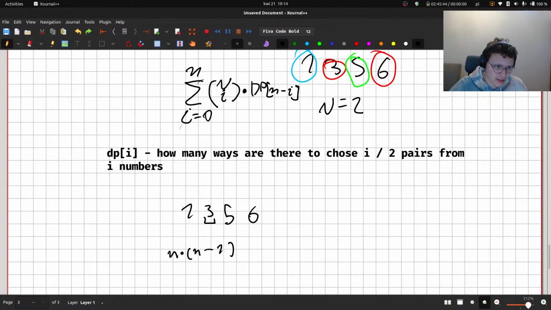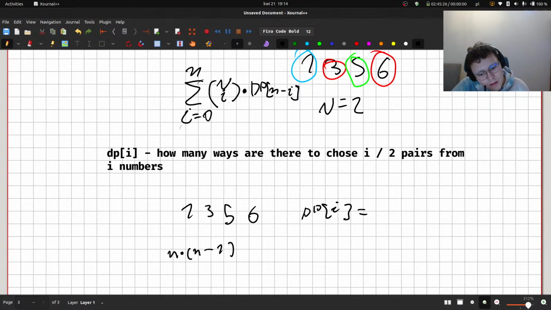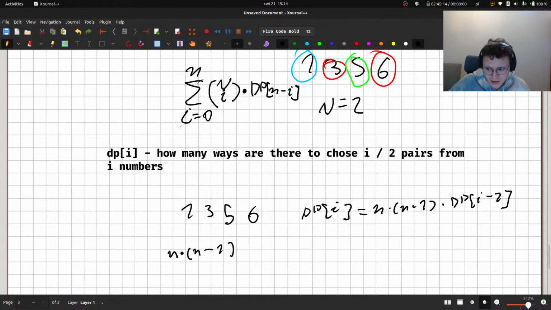You see, the order is important because one of them will be red and one of them will be blue. So, well, basically dp from i is equal to i times i minus 1 times dp from i minus 2. So it's like factorial, right?